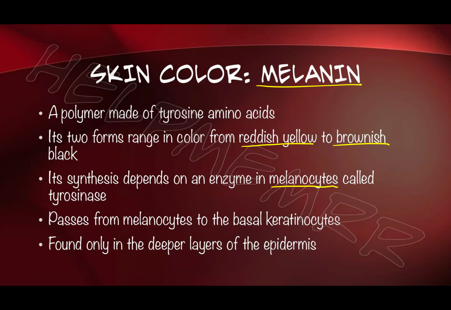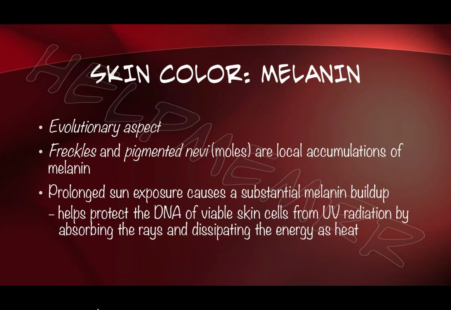As we're picking up the sun, we're going to try to protect our nucleus. A very interesting aspect of it, the evolutionary aspect of melanin, is I want you to think about where your ancestors are from. Dependent on where your ancestors are from is how dark your skin color will be.